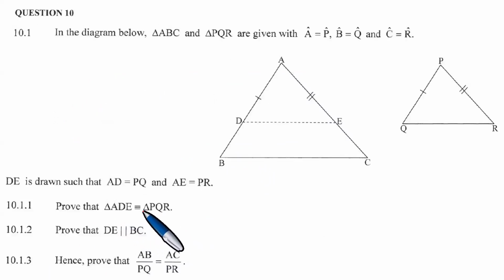Prove that triangle ADE is congruent to triangle PQR. This one is grade 10. The three lines lying down mean congruent.